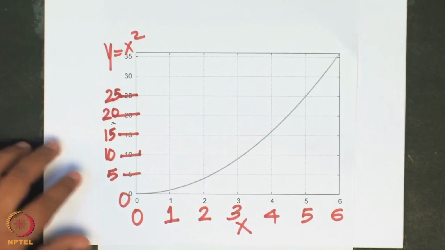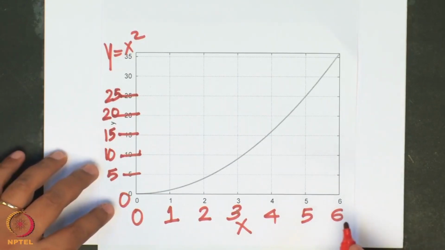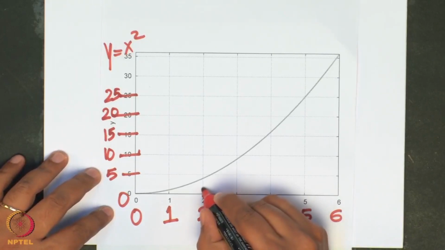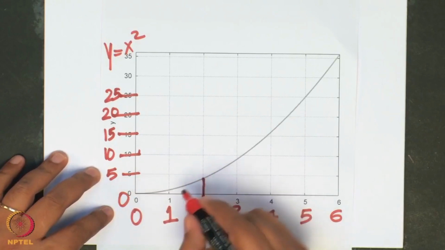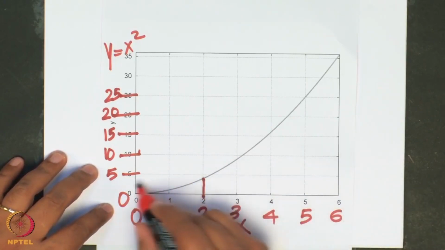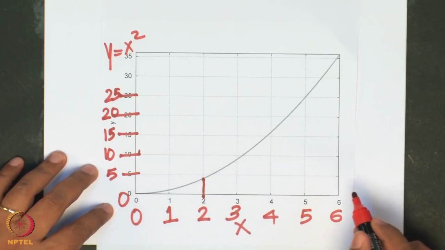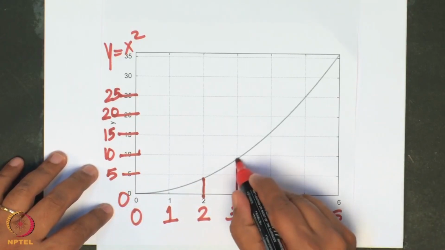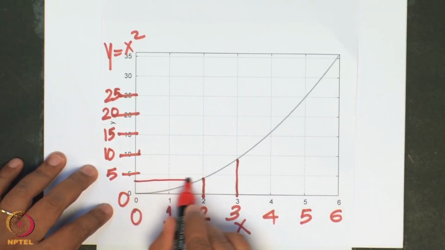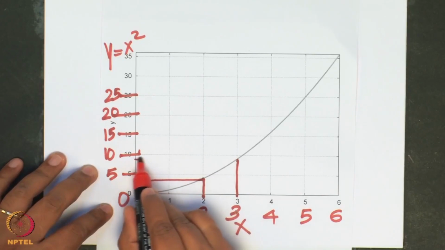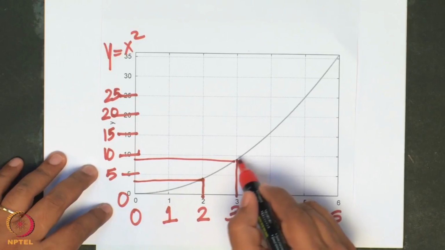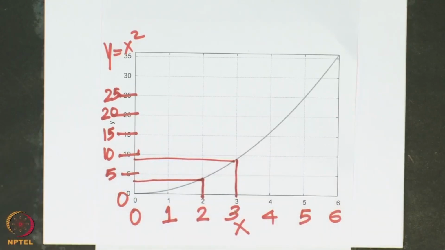Now, if we look at the derivative at various places, corresponding to 2, if I draw a line, this is just below 5. We know that 2 square is 4, and 3 square is 9, which is just below 10.